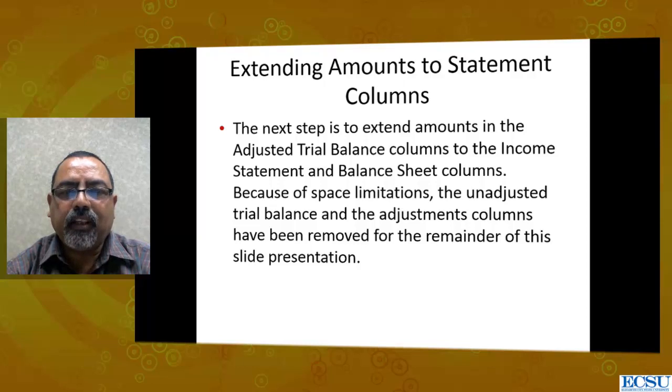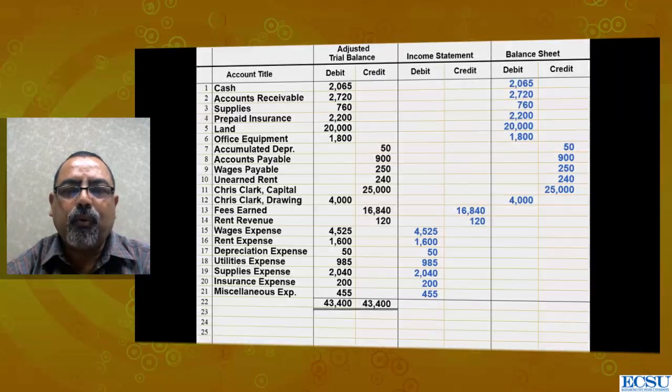So once we have the adjusted trial balance, we can extend the columns to the income statement and the balance sheet columns. Although please remember, income statement and balance sheet are statements, they don't have a debit or a credit. But for our simplification purposes, if you have an amount in the debit column in the adjusted trial balance, we'll be moving it to the respective statements in the same column. So that is how we'll be doing it.